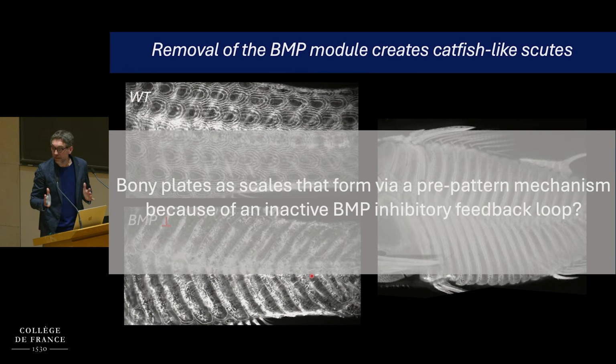So it's a very obvious question now to ask, do those bony plates in the catfish actually form due to, perhaps, an inactive BMP feedback loop? Are they basically scales that transformed into those kind of scutes through this mechanism?